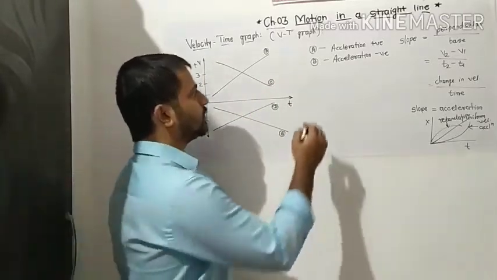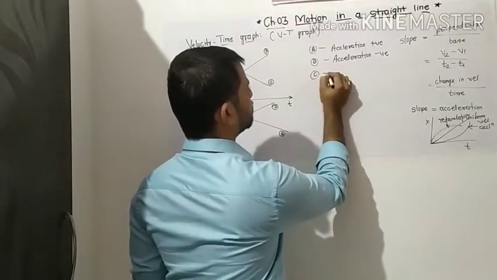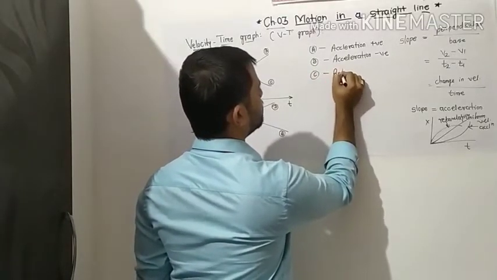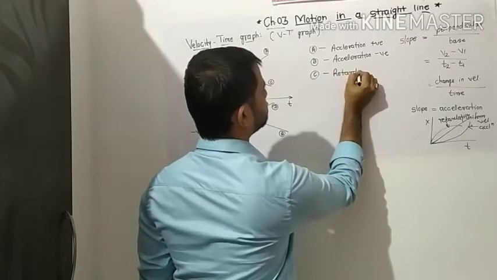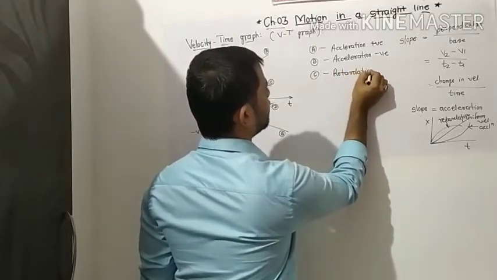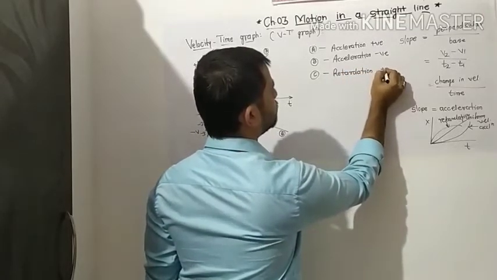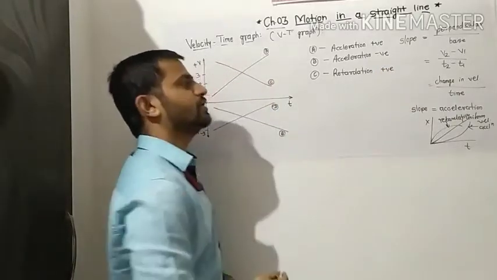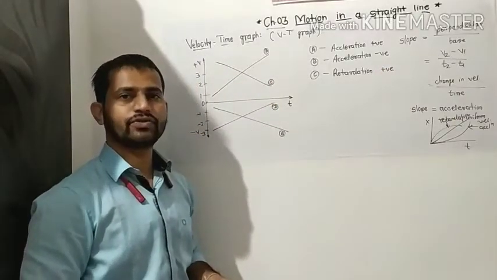So the C curve will give us the retardation, because there is a decrease in the velocity. This is the positive retardation, a retardation in the positive direction.